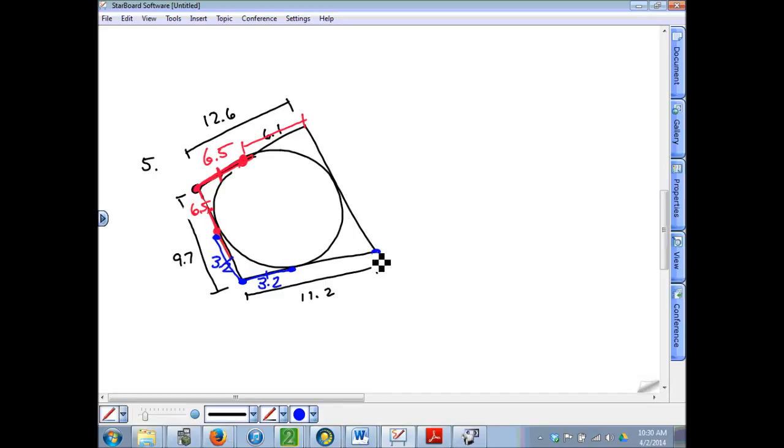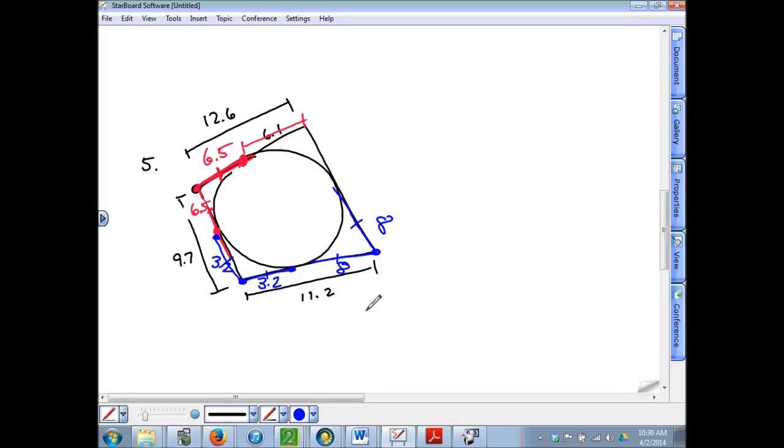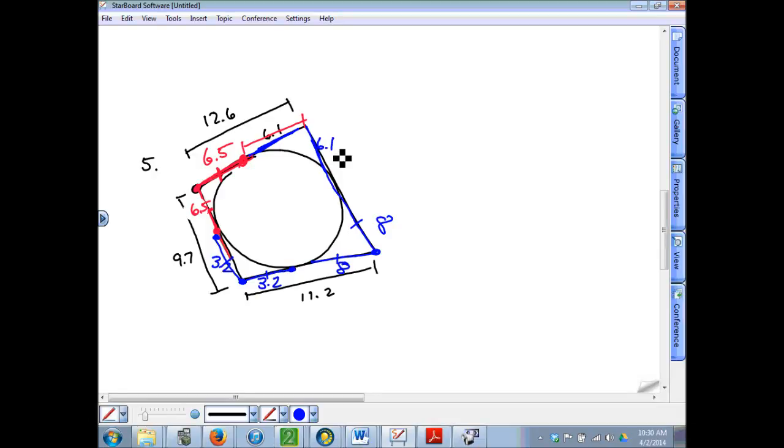Now we have a similar thing here. From here, that's a congruent segment to that segment. If the whole entire length is 11.2 and that little piece is 3.2, doesn't that leave that to be 8? But that also means that that is 8. That's 6.1. If this is 6.1, then this is 6.1.